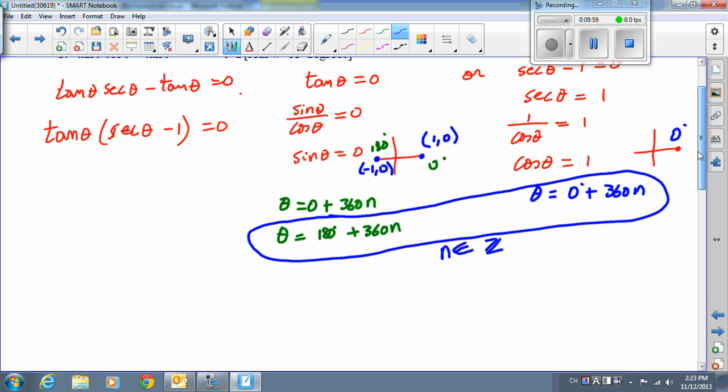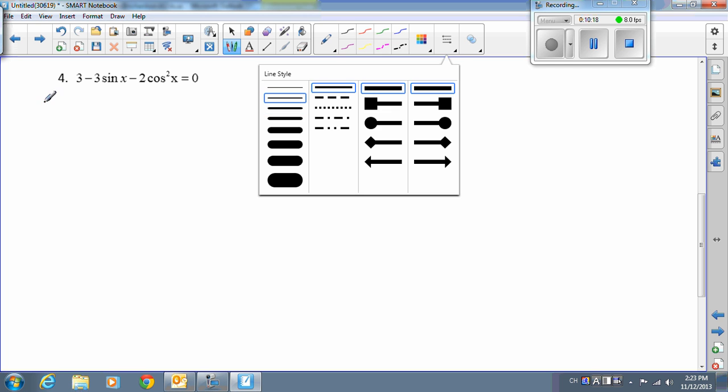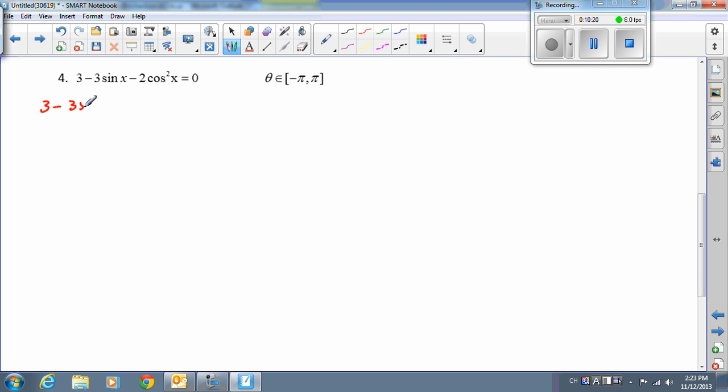Let's look at the next one. The next one is maybe the most complicated because it looks a little different than the other. But in order for me to solve this, I need to transform either all in cosine or all in sine. It's easier to transform into sine because cosine squared is 1 minus sine squared. So I will rewrite this one as 3 minus 3 sine x minus 2 times 1 minus sine squared of x.